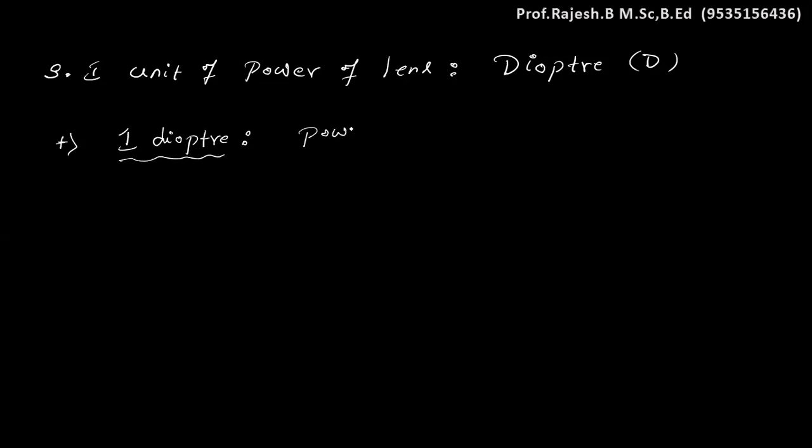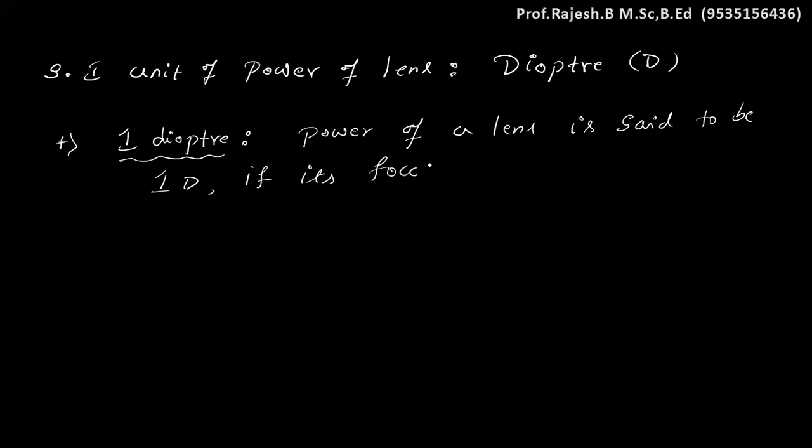Power of a lens is said to be 1 diopter if its focal length is 1 meter.